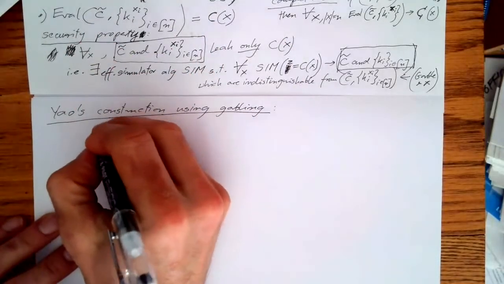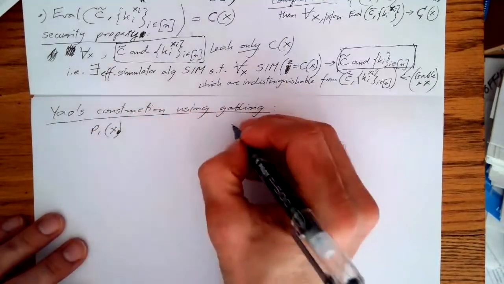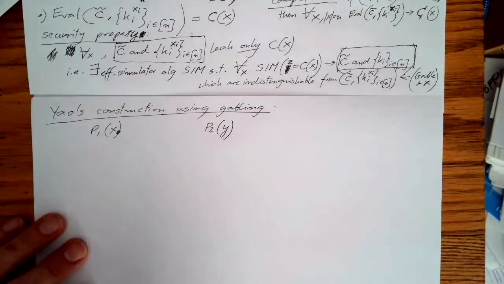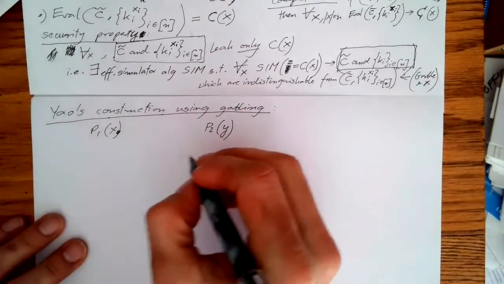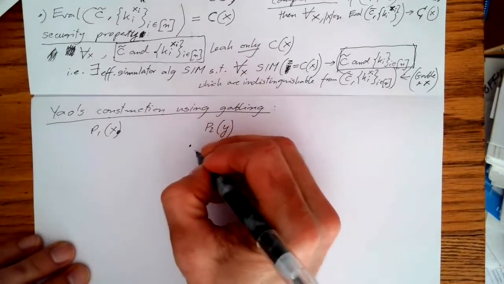So P1 has input X, and P2 has input Y. What P2 does is the following.